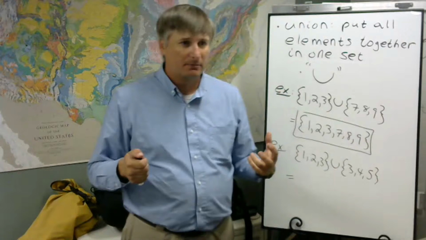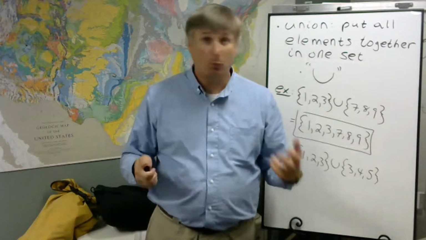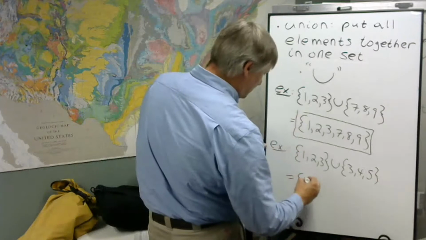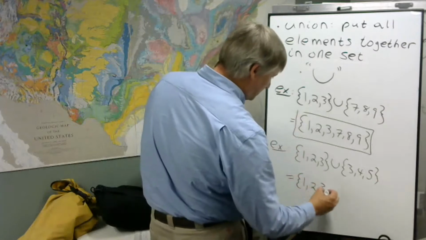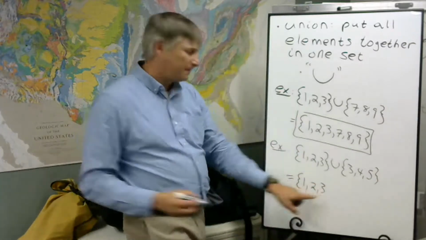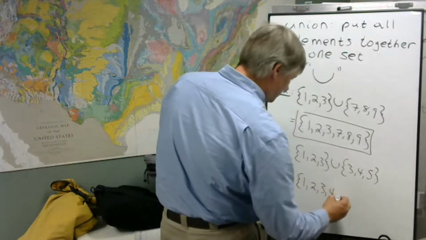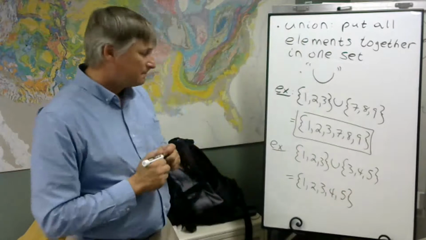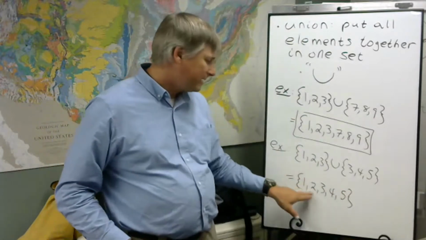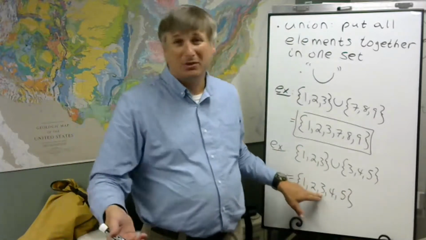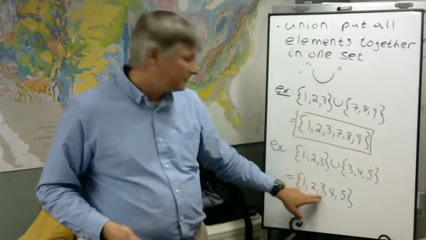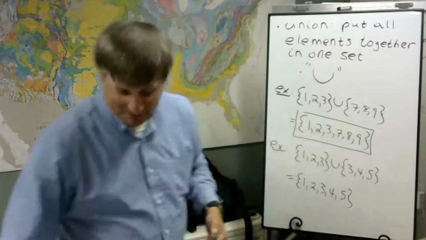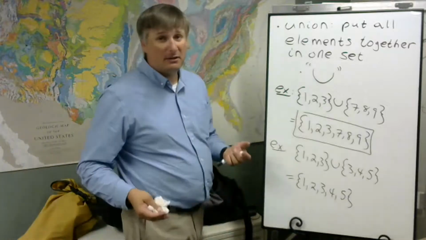But in a set, we only mention an object type once. So that means when we union these, we'll get 1, 2, 3, and only a single 3. Because we're listing types of objects. So we have a type 1, a type 2, a type 3. We only need to mention it once to indicate that it's in the set. Type 4, type 5. All right. So that's the idea of union.